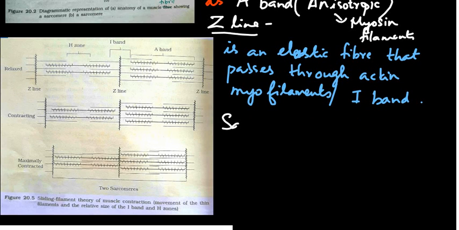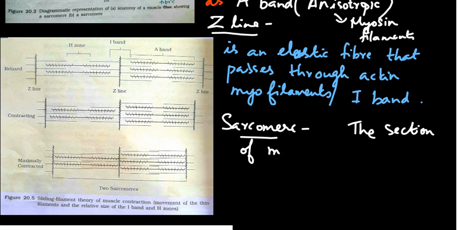So sarcomere means the functional unit of muscle contraction, and it is the section of myofibril between two Z lines.